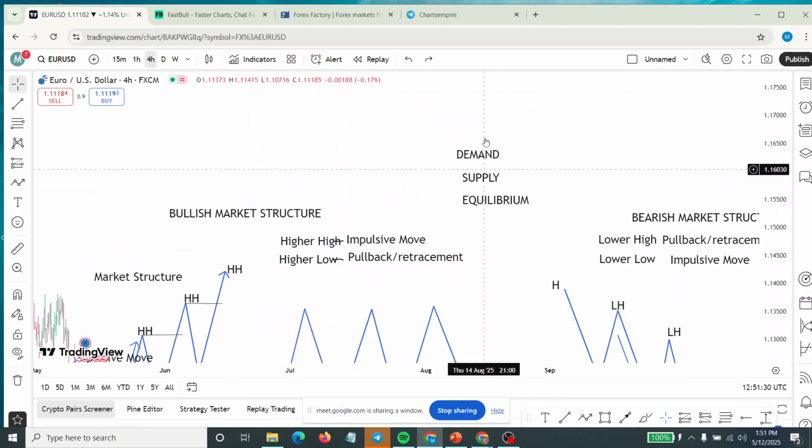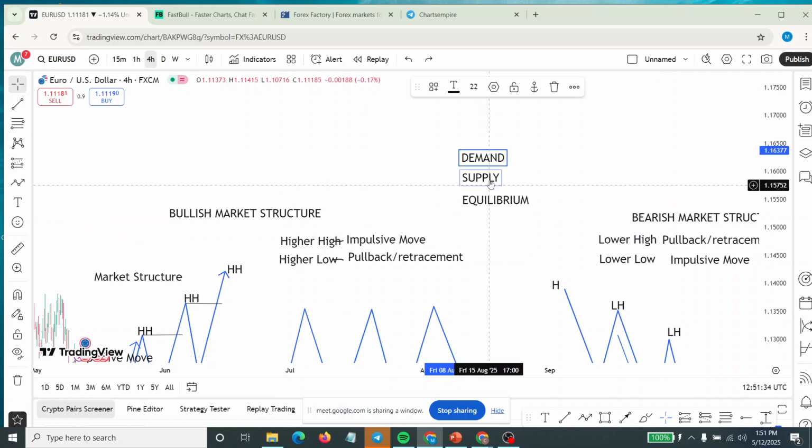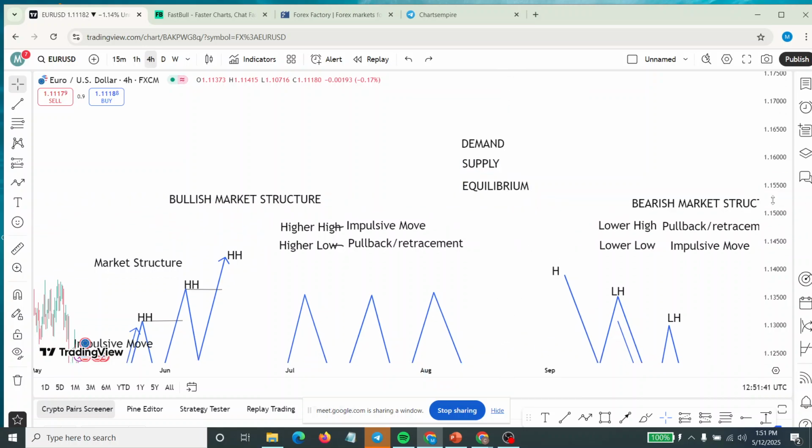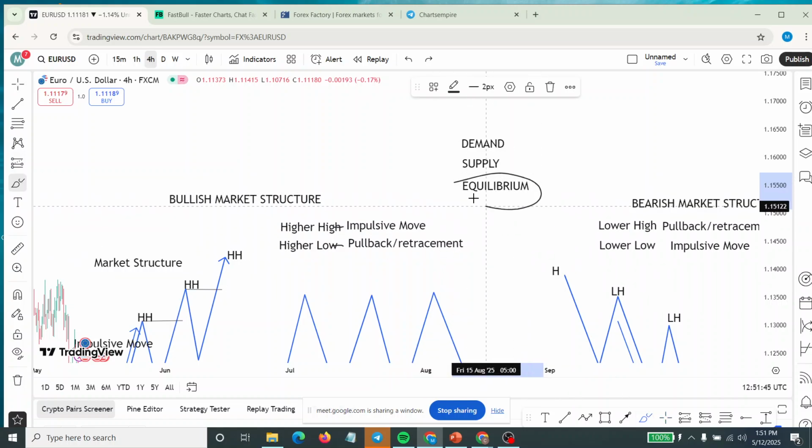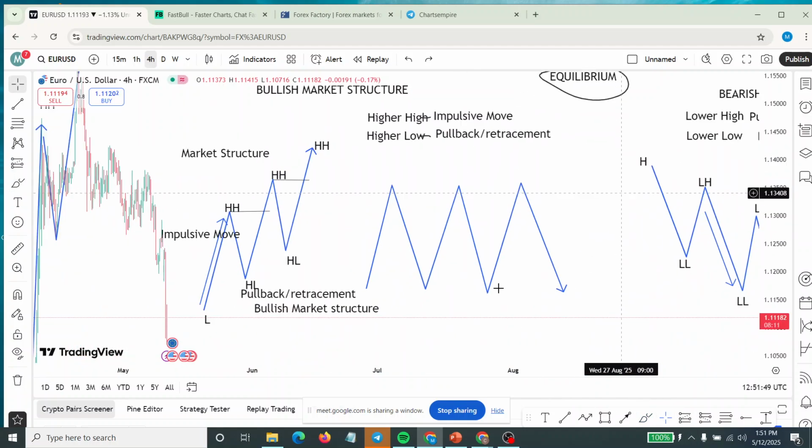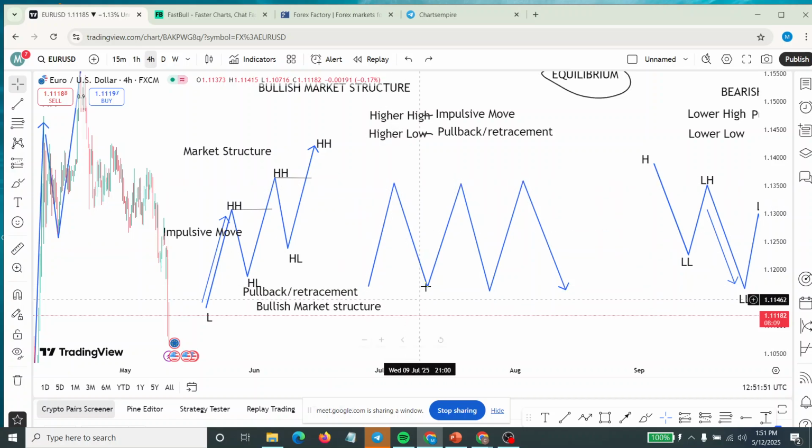So what happens if both the demand and supply are the same? That's what gives us equilibrium. And with equilibrium, that's when you experience a sideways market. There's no one in control.